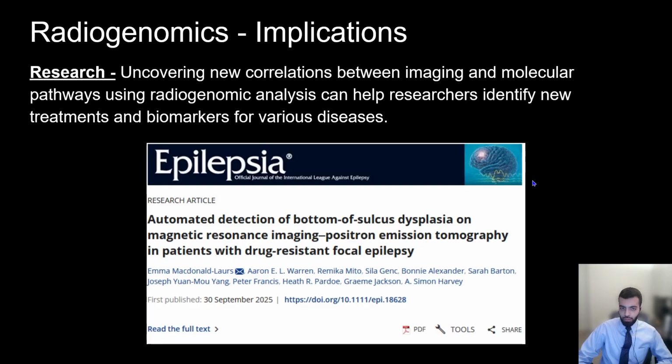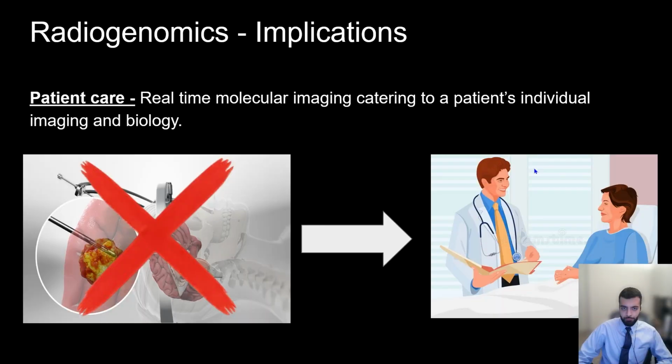And they were able to quantify this and characterize the lesion and able to perform an operation that cured these patients of their epilepsy. So this is a very exciting study that is kind of pioneering the modern field of radiogenomics.